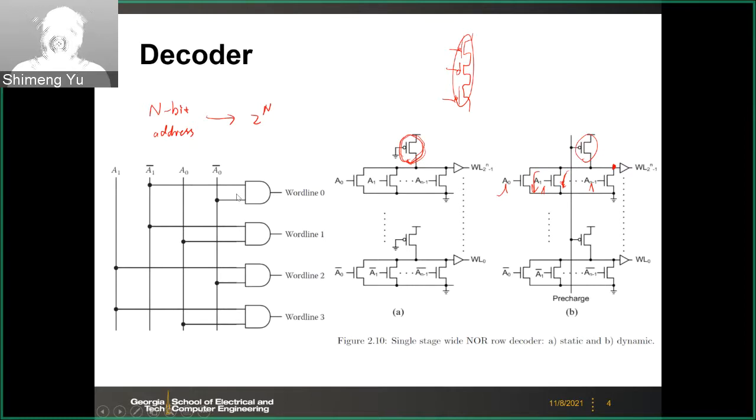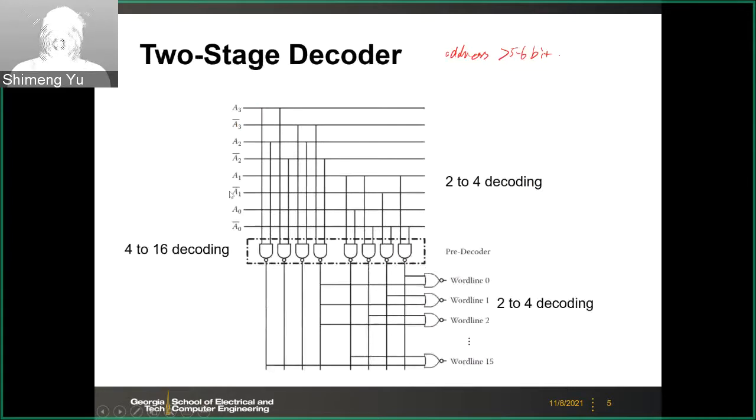But if you have a 5 or 6 bit address and still do single-stage decoding, your fan-in will be 5 or 6 bits, which is not good, right? According to your CMOS logic design rules from the VLSI circuits courses. So then you may have to do 2-stage decoding.